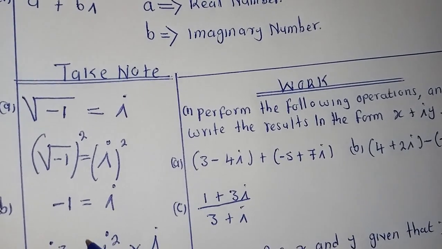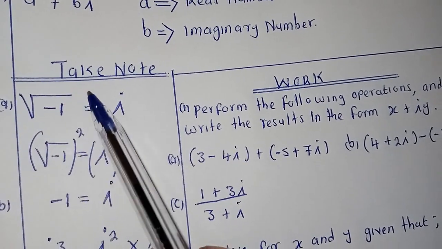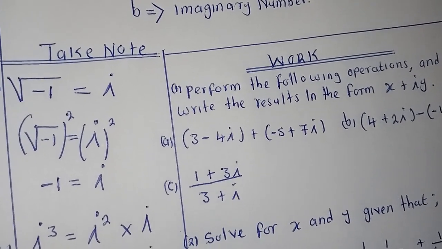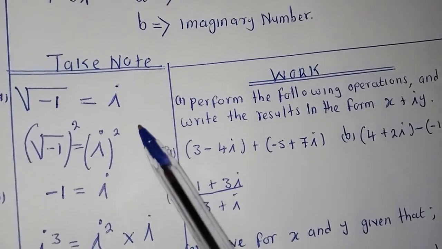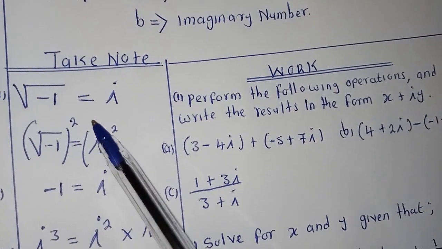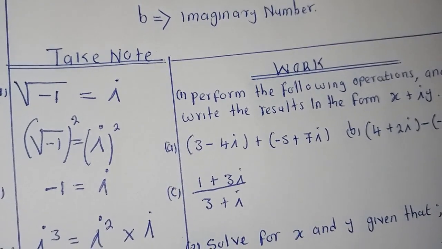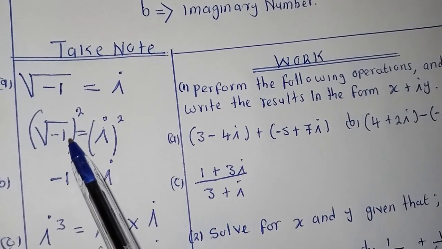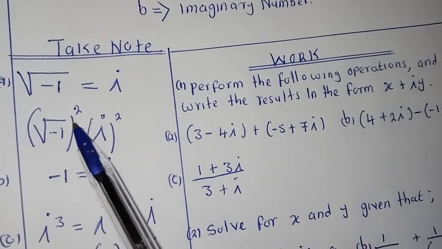It's very important. Under complex numbers, you must know that the root of -1 is termed as i. We use the letter i to signify that this particular number is imaginary. But then we know that if we want to cancel the square root, we just introduce a root on this side, and we introduce a power 2 on this side, a power 2 on this side.